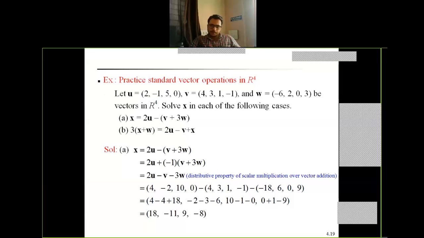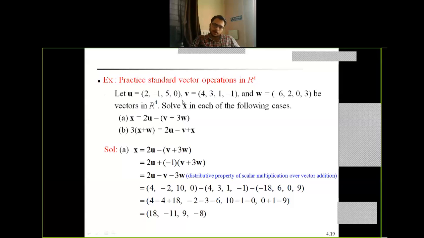Let's say u is defined like this, v is defined like this, 4 3 1 minus 1, and w is minus 6 2 0 3. These three are vectors in R4. Solve for x in each of the following cases.